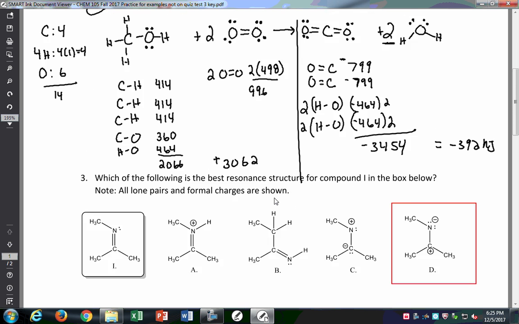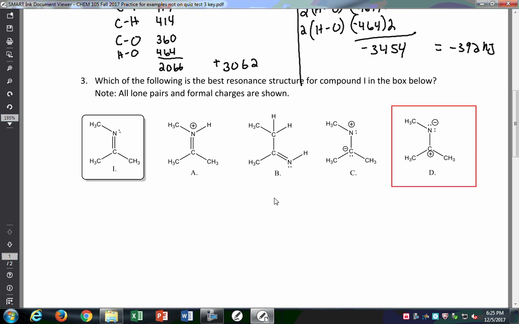So the last thing is resonance. Here's our Lewis structure for some starting compound. We want to know which of these is a valid resonance structure. So first off, our resonance structures have to have the same connectivity. So B is out. Because here we have a CH3 attached to nitrogen.